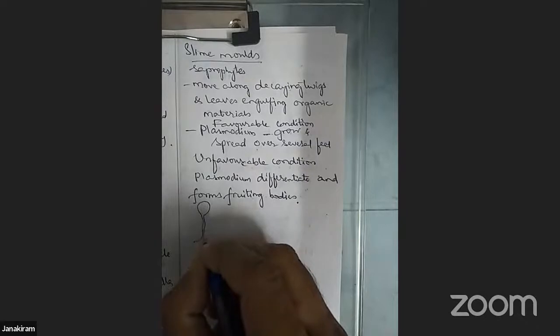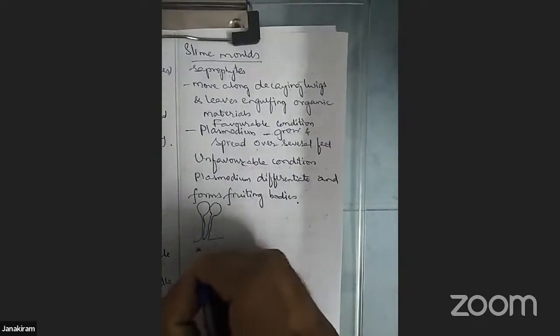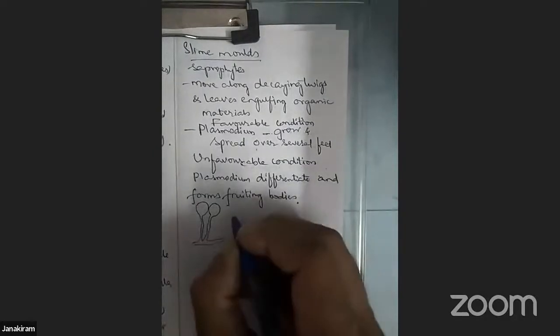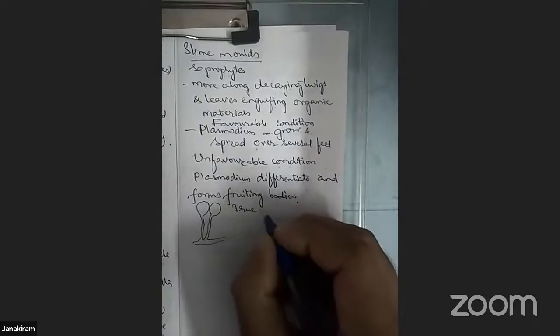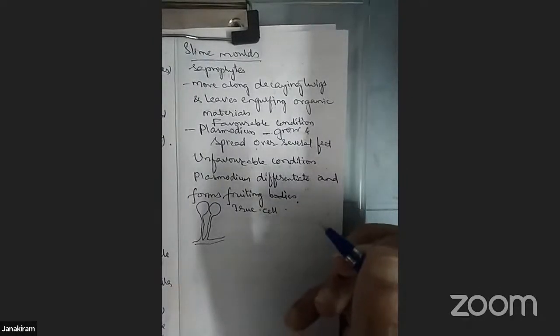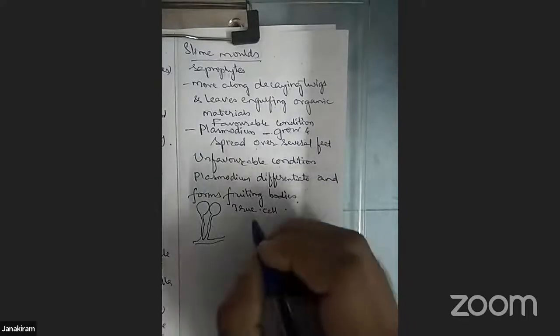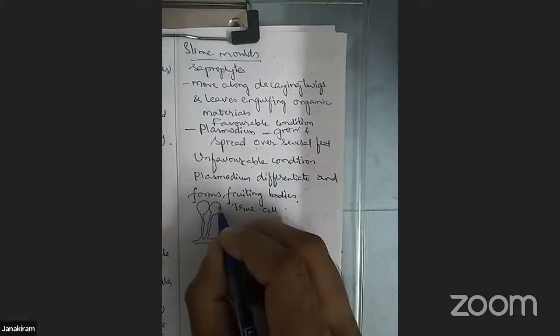These basidiospores are generally surrounded by the true cell wall, like this. So these are the basidiospores, covered with true cell walls around them. Okay, and these are the structures called fruiting bodies, bearing the spore-like structures at their tips.